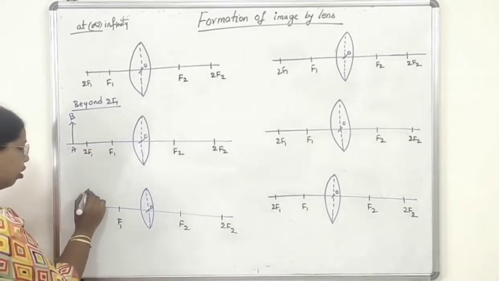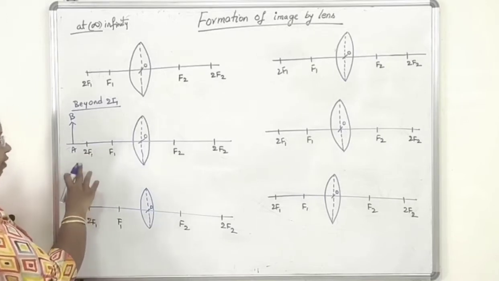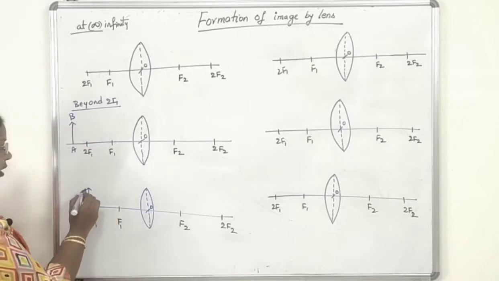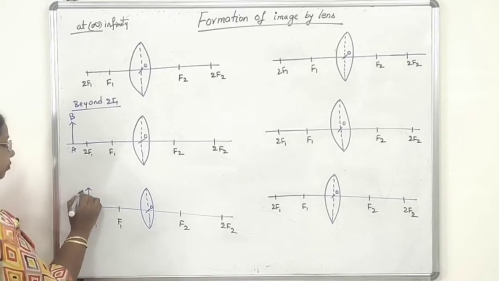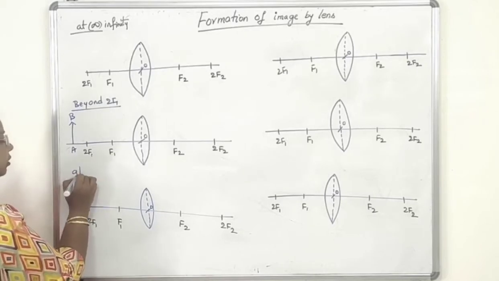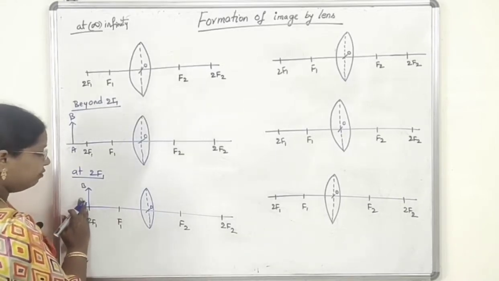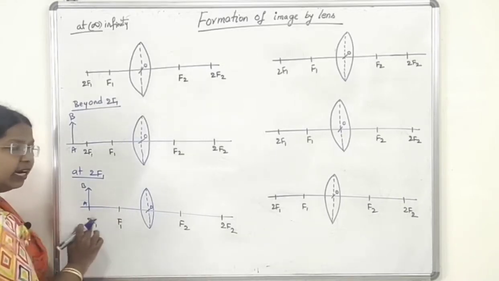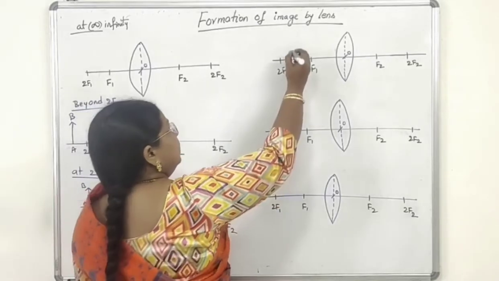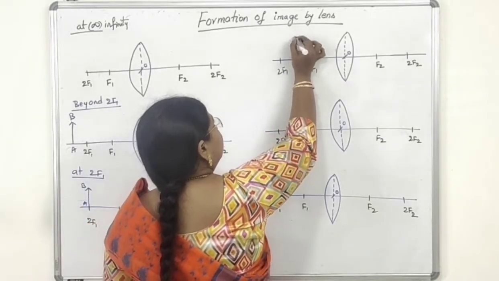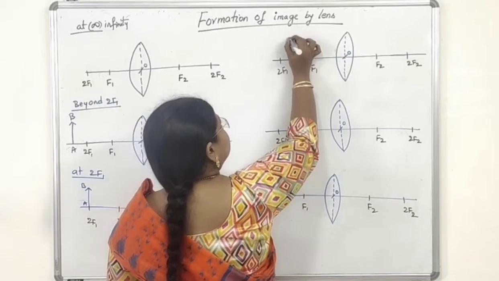Now I will move the object to 2f1, same object AB. After 2f1, move between 2f1 and f1.